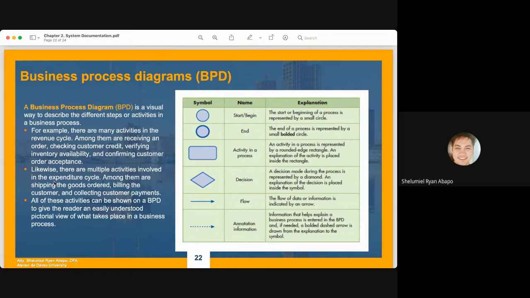You use that arrow and point it to a box which will include the explanation of the business process. It is a bolded dashed arrow that will direct you to the location where the explanation is placed, right?